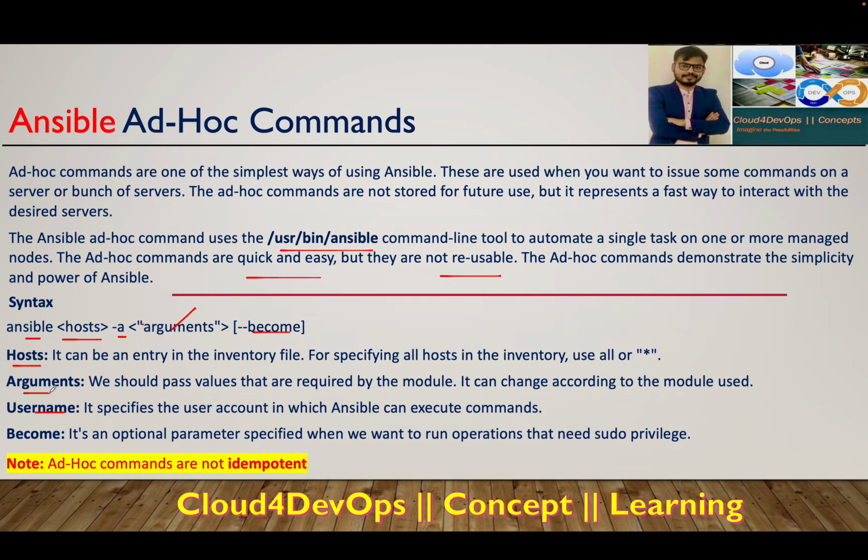You can do that as well. Or uptime, df -h for the storage, free -m for the memory. So you can do all those things, but the syntax has to be written within the double quotes over here. Username specifies the user account in which Ansible can execute a command, and become is again an optional parameter that shows a sudo privilege. As I mentioned earlier, ad hoc commands are not idempotent in nature.